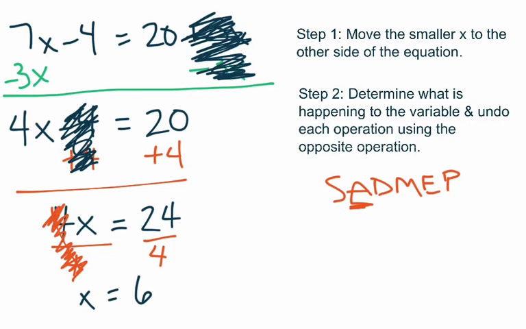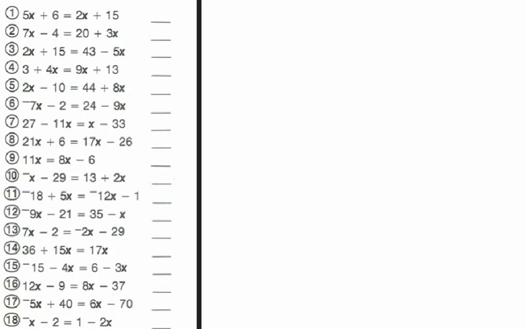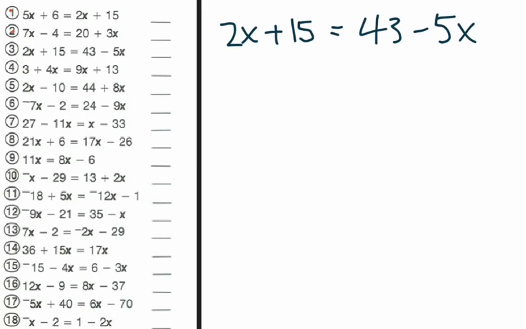So I would like for you to try one by yourself. So let's go back over. We did 1 and 2 together, and so now we're ready for number 3. We'll do this one together too, because it's a little different.